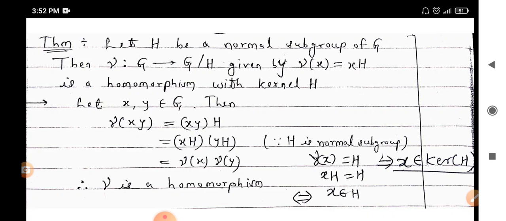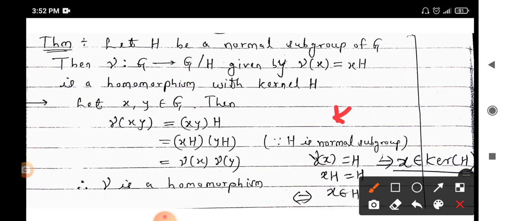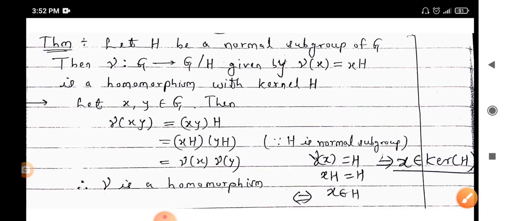Hence it is if and only if, and therefore all the elements are nothing but elements of H. Hence the kernel of gamma is the whole subset H. Hence we prove the result.